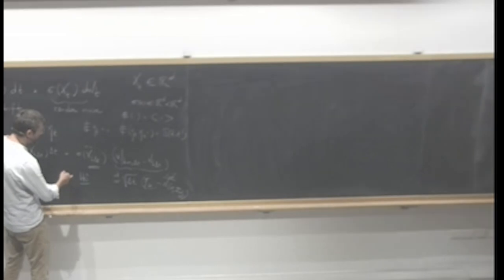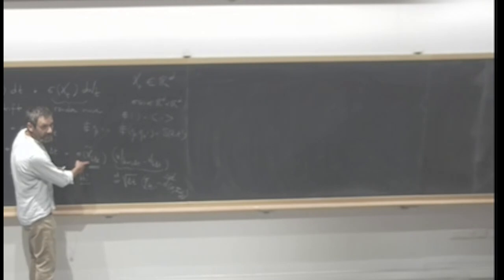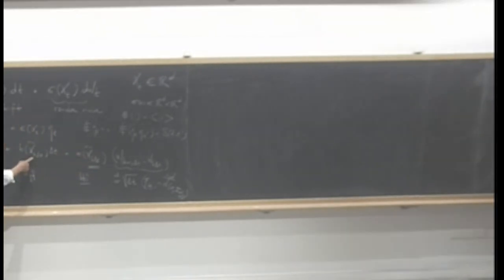I'll explain why. You would get a different process if you were to discretize this in a different way. So for an ODE, you could replace it by k plus 1 delta t. That's the same limit. One would be forward Euler, and the other one would be backward Euler, an implicit scheme.